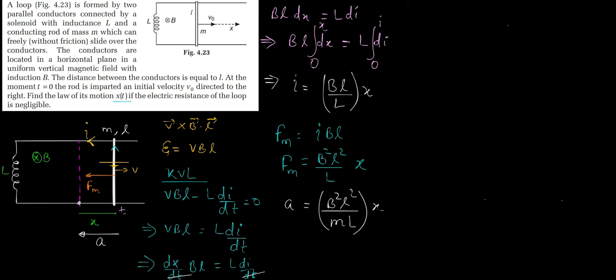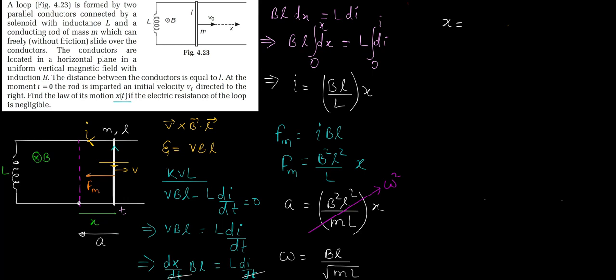So we have omega as BL over square root of ML.